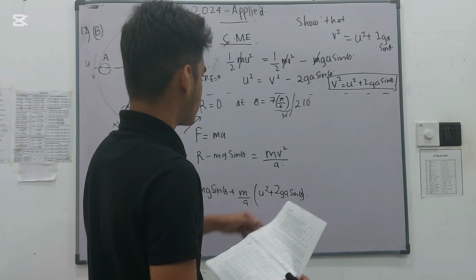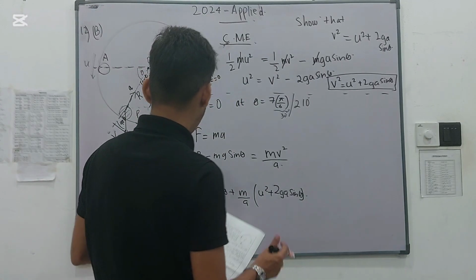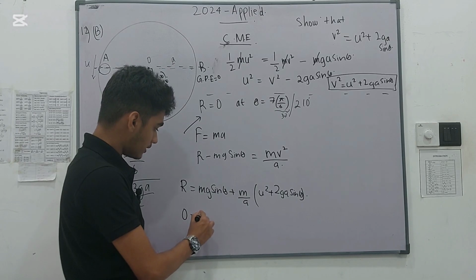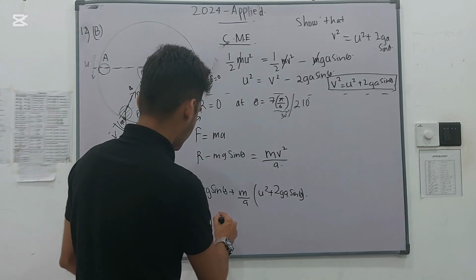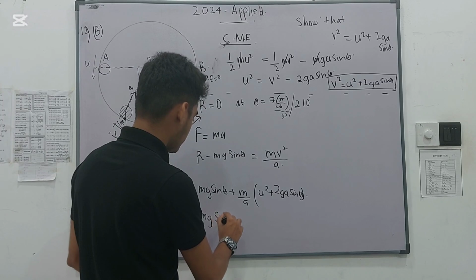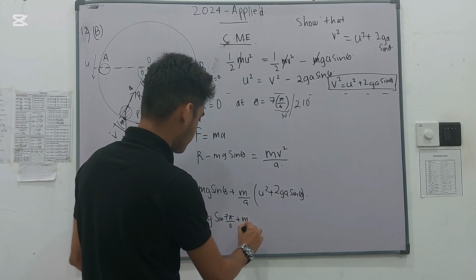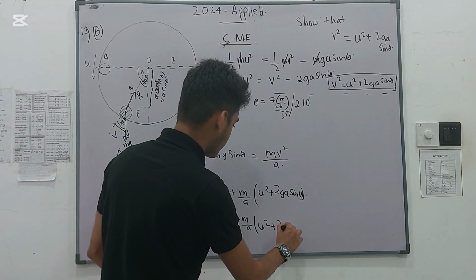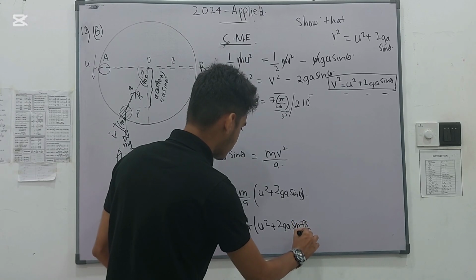Now they are saying theta is equal to 7 pi over 6, and we know R is equal to 0. So 0 is equal to mg sin 7 pi over 6 plus m over a times u squared plus 2ga sin 7 pi over 6.